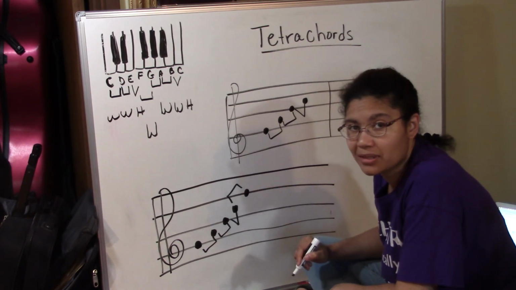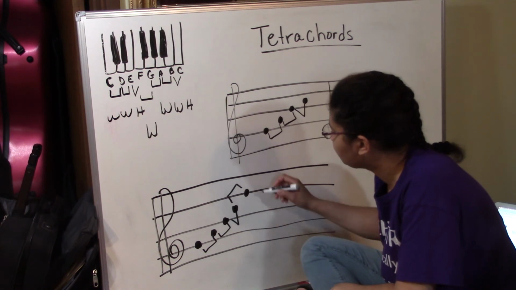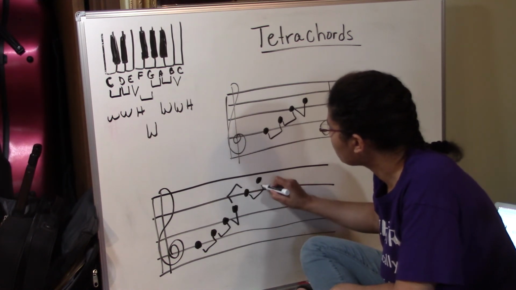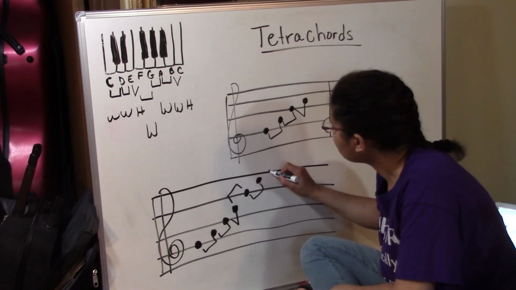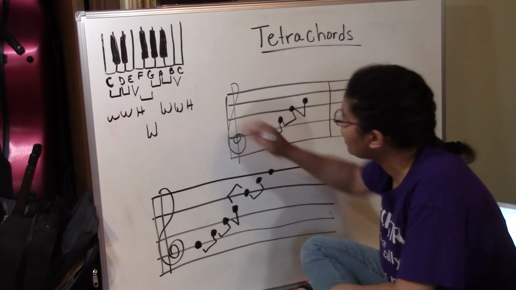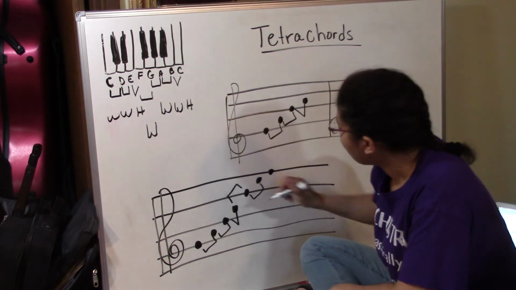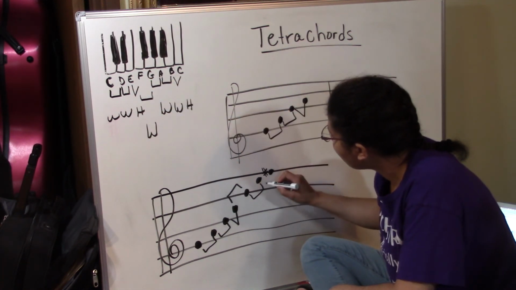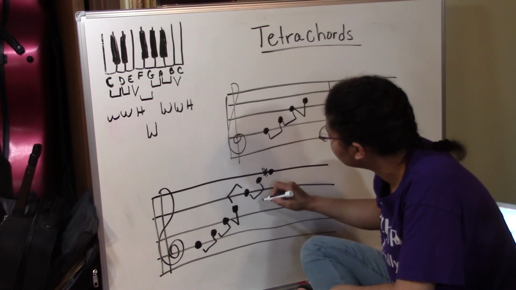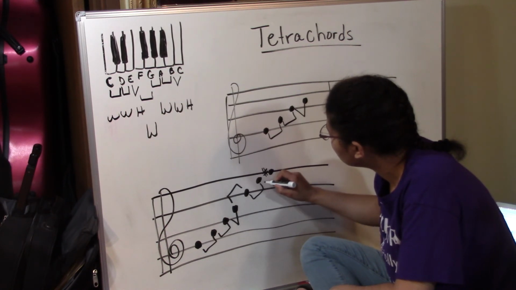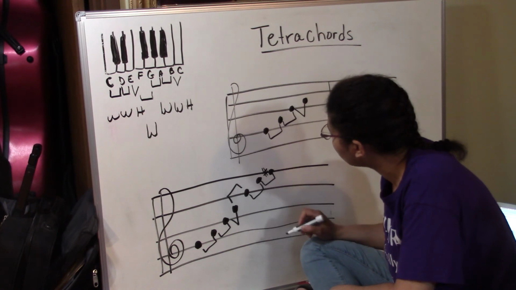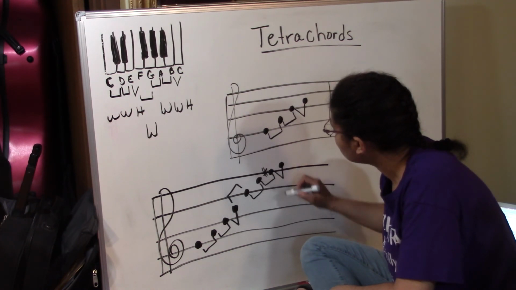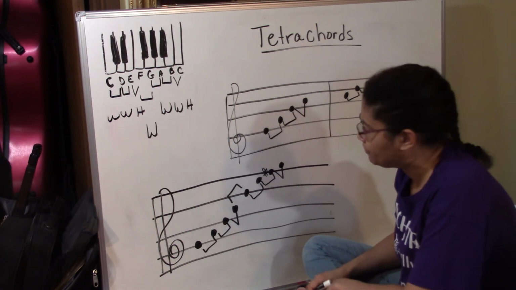And I'm going to start my tetrachord here on D. D to E, that's a whole step. Now here's where we have to make an adjustment, because E to F is normally a half step. So I have to change that and make that F sharp to get a whole step. E to F sharp, and then F sharp to G is going to be my half step.